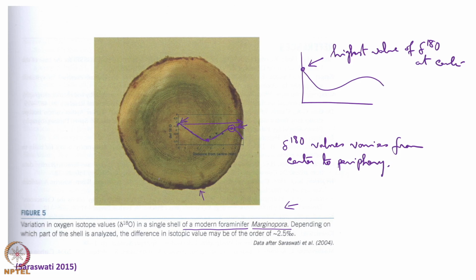So, different portions of the shell can have different histories. If we get a single value of del 18O, that becomes an averaged out value. These are the problems in using chemostratigraphy on the fossil samples. Depending on which part of the shell is analyzed, the difference in isotopic value may be of the order of around 2.5 parts per mil.